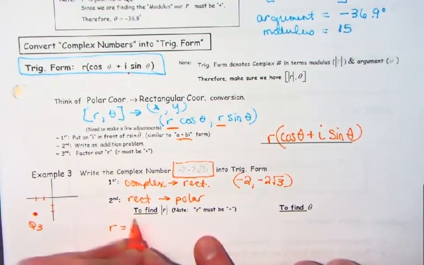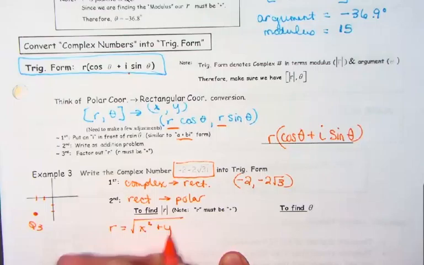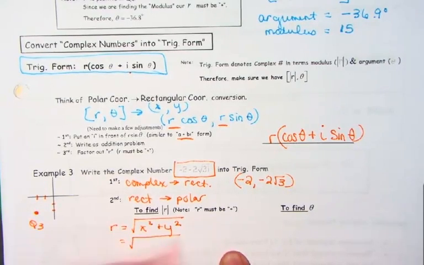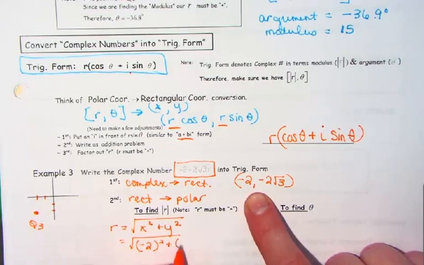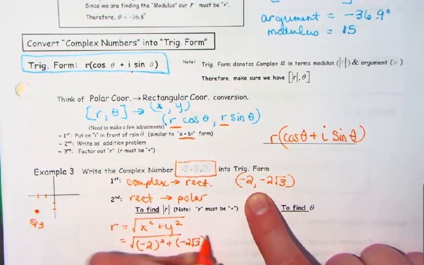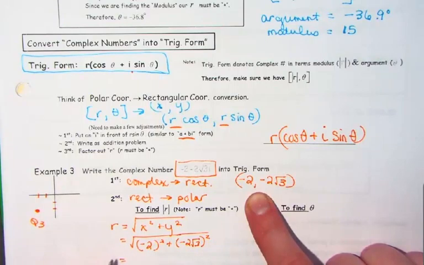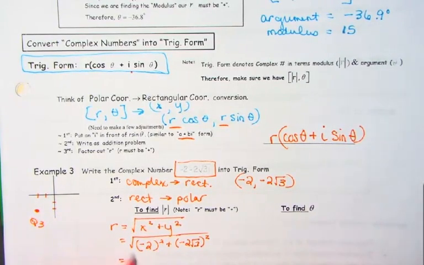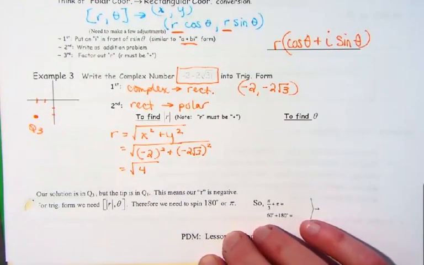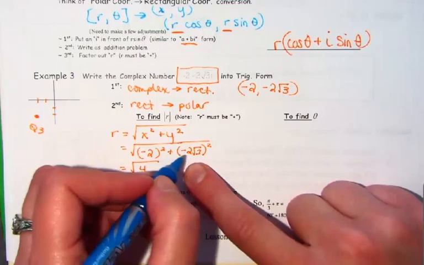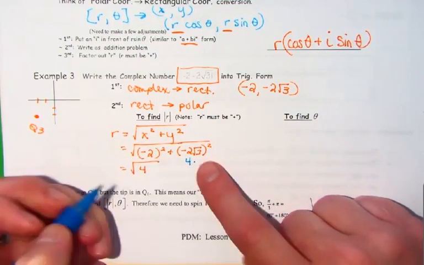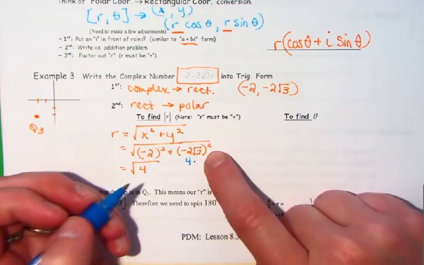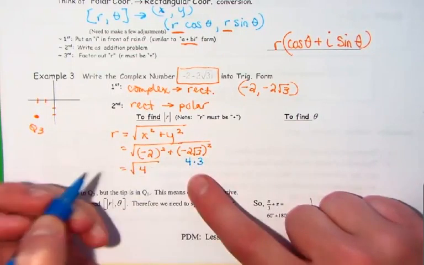Radius equals square root of x squared plus y squared. I'm not sure how many times I've said that today, but it's probably feeling like a whole bunch. -2 squared I know is 4. -2 root 3 squared. Well, the -2 squared turns to a positive 4. Root 3 squared is 3, so 4 times 3 is 12.